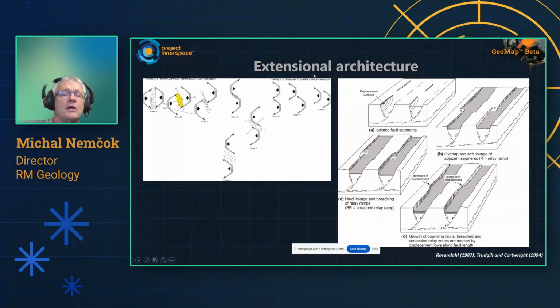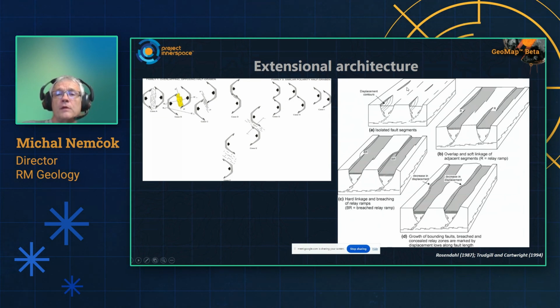When we look at the extensional region, we are basically thinking about constellations of main graben or half-graben bounding normal faults, and they are all listed here by Bruce Rosendahl.